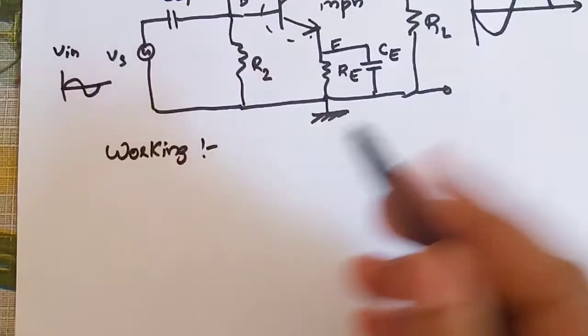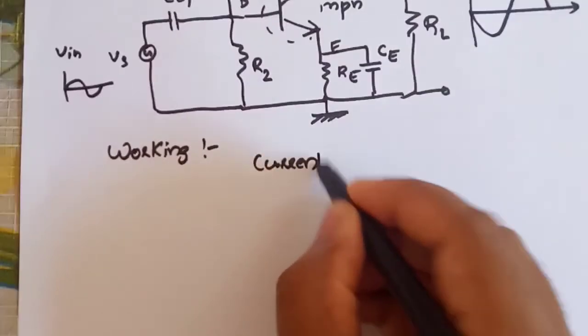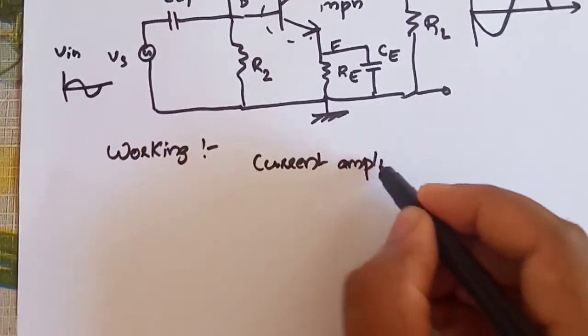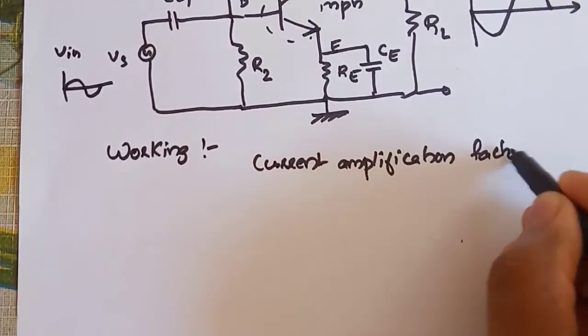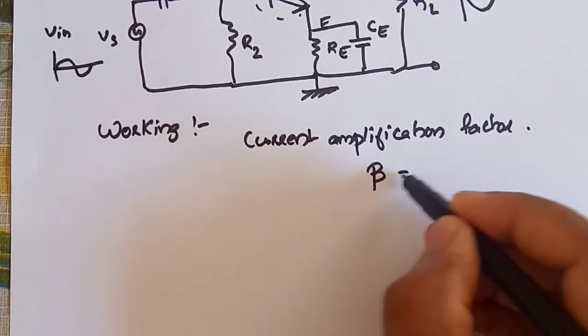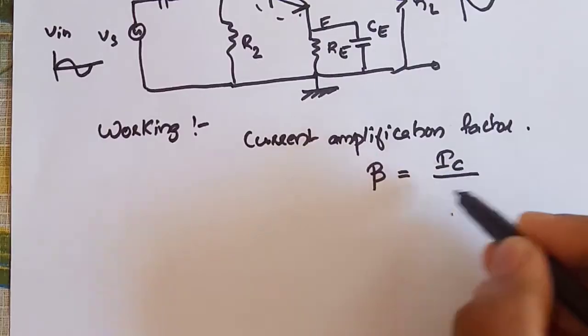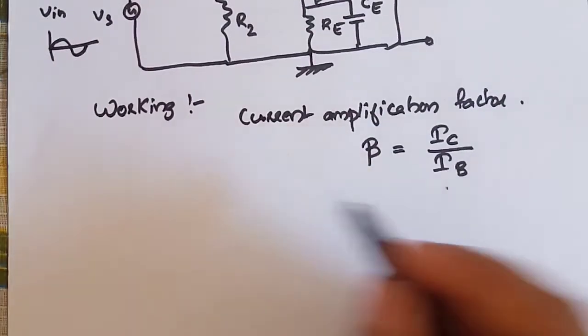We all know that the current amplification factor of a common emitter configuration is given by beta equals output current by input current, that is IC by IB.